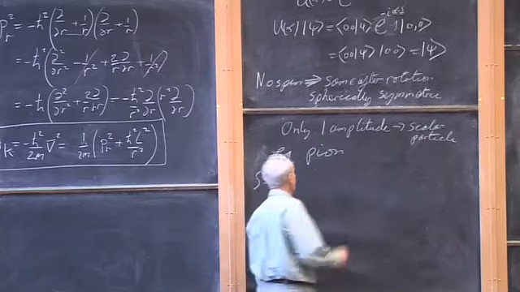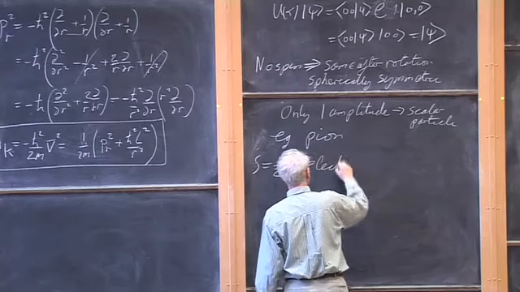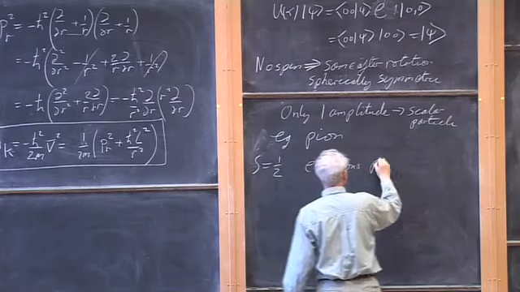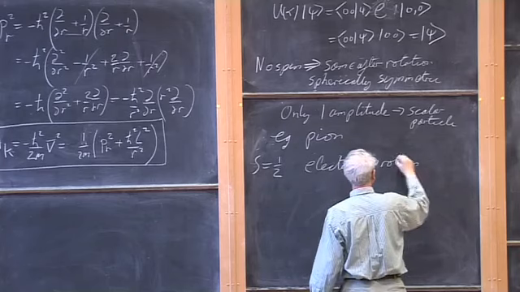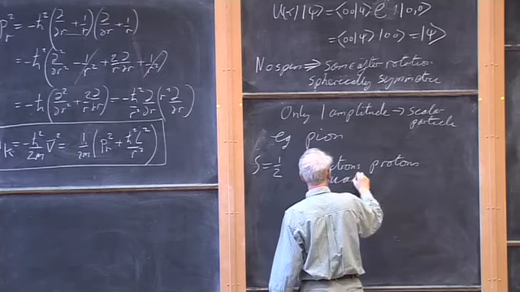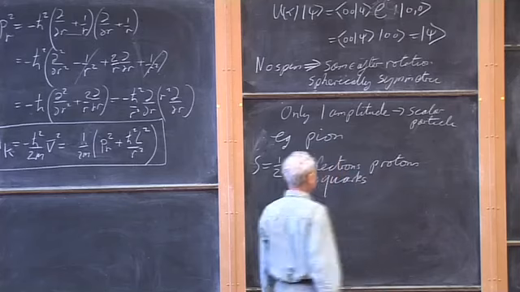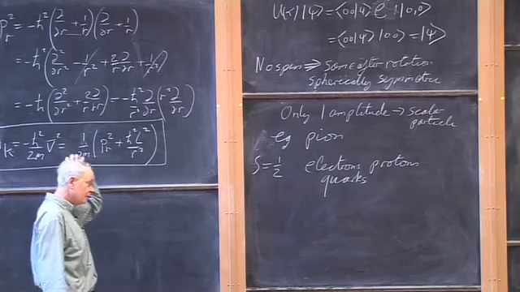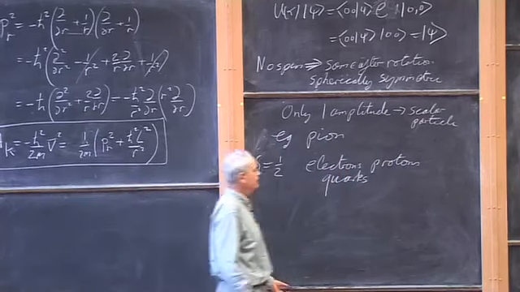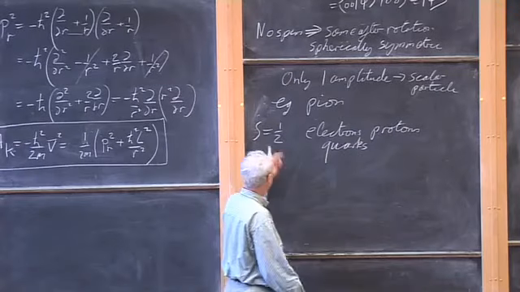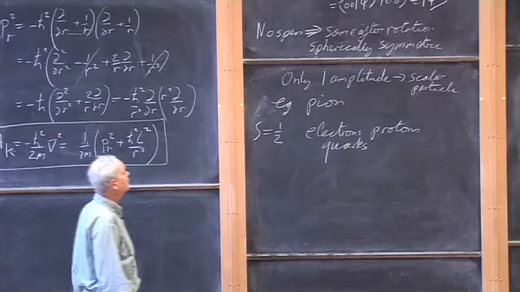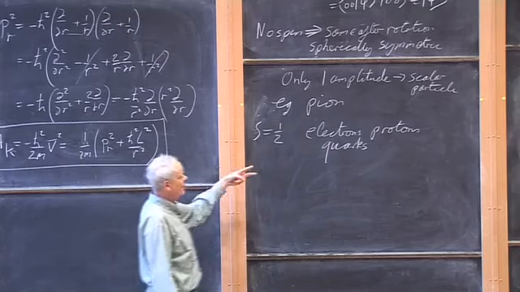So this is electrons, protons, quarks, therefore neutrons, a wide range of things. Anything made out of an odd number of quarks will be an S equals a half particle. Well, we'll prove that later on. Okay, so this is the really big class.